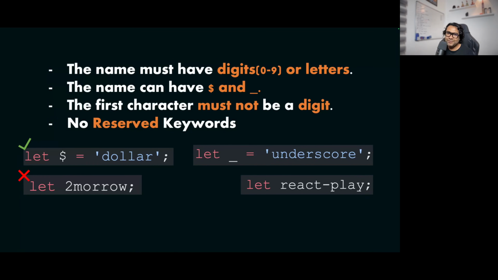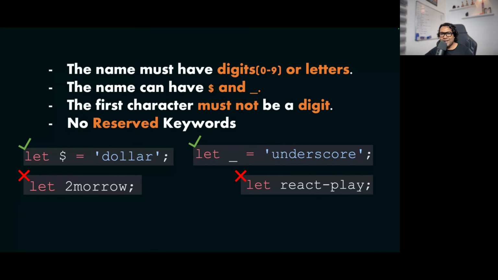How about the first one? Underscore is an allowed one, right? And it is not a digit. So it's fine. We can use that name. How about react hyphen play? Can we have a name like this? It looks like a legit name, but unfortunately you can't, because you have used a hyphen and the only allowed special characters are dollar and underscore. So I hope you enjoyed this test.